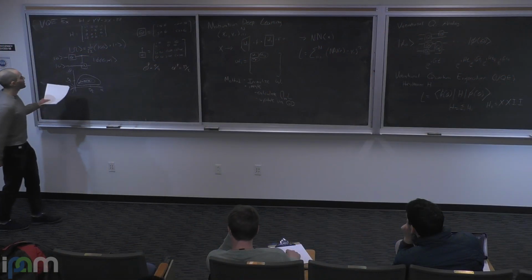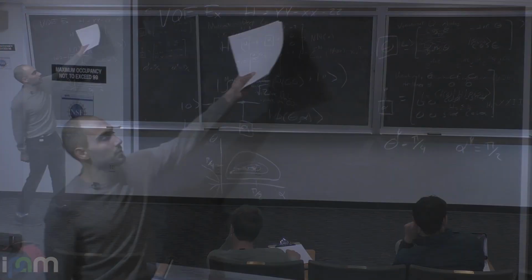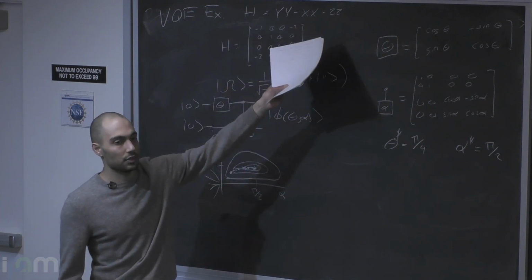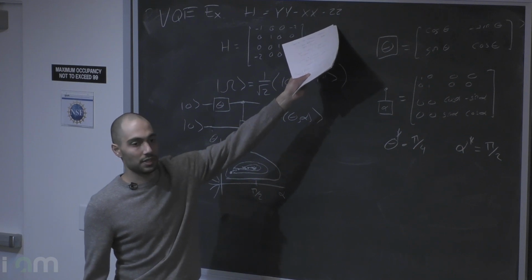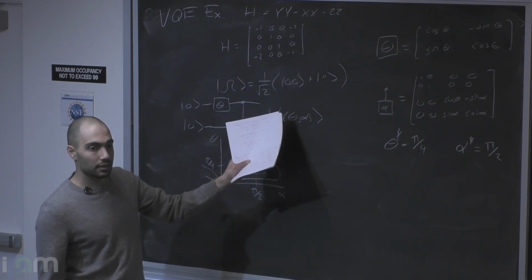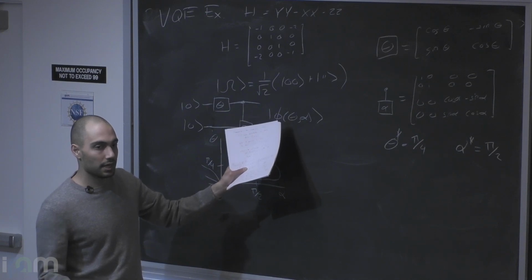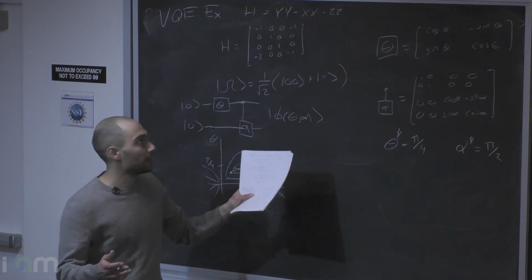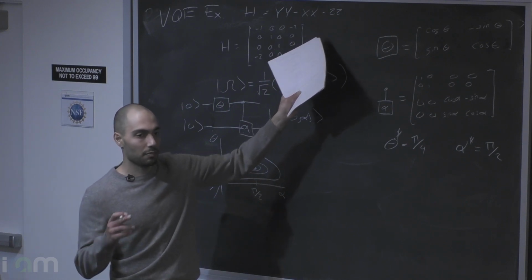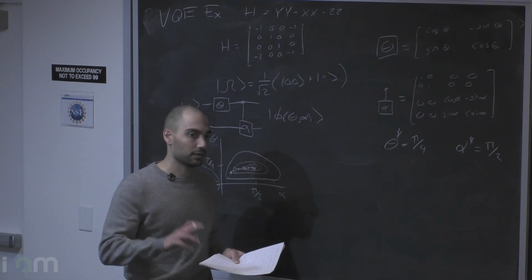Okay, so for example, you measure each of these terms individually. This is one way to do it. I'm not saying it's the only way, but you can measure each of these terms individually. Let's say we want to measure ZZ. All we do is we take this state and we measure it, and we get a bit string, and then we take the product of the bit string because the parity is equal to the eigenvalue.